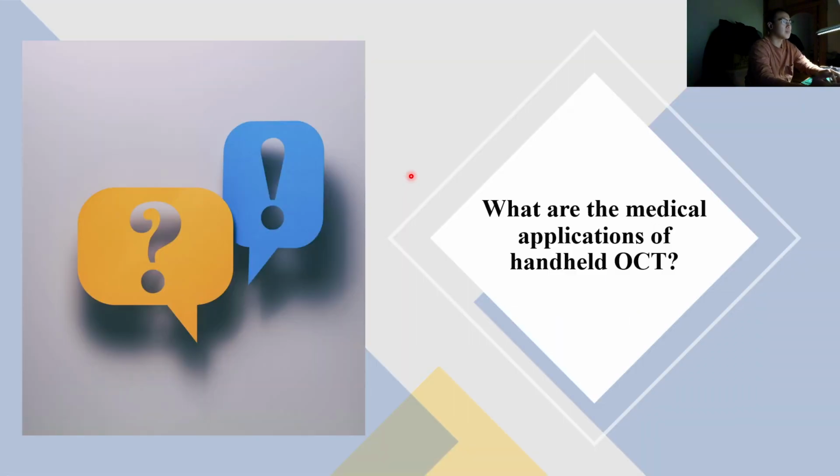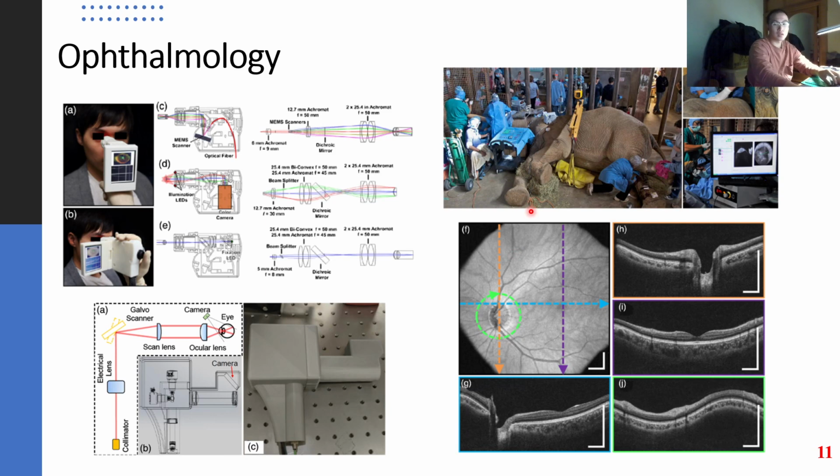And what are the medical applications of handheld OCT? On this page, I will show the ophthalmology applications of handheld OCT. On the left side are different designs of handheld OCTs. You can see the image on the small screen and different designs of it.